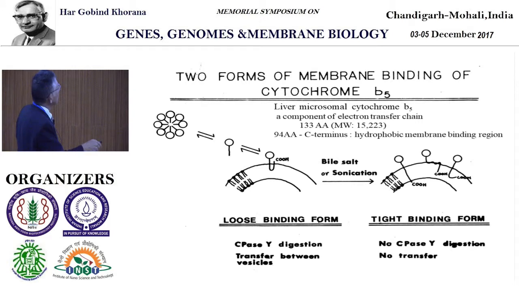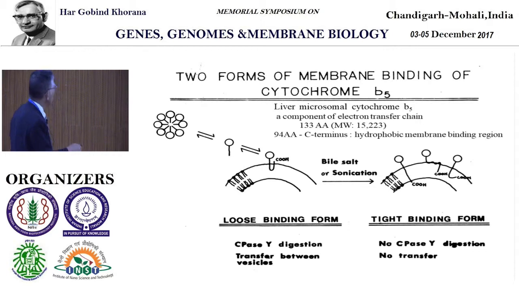It has a C-terminal hydrophobic domain. Usually it's an octamer aggregate, but if you mix this with phospholipid vesicles, it spontaneously inserts into these vesicles.